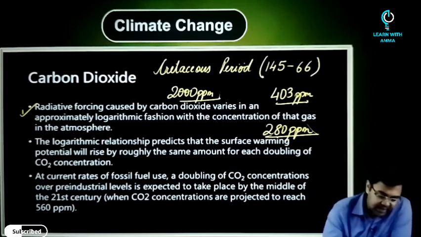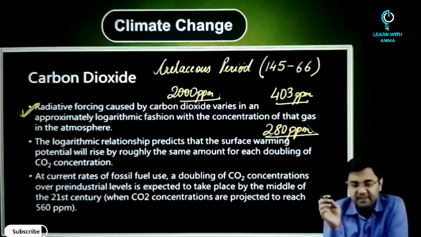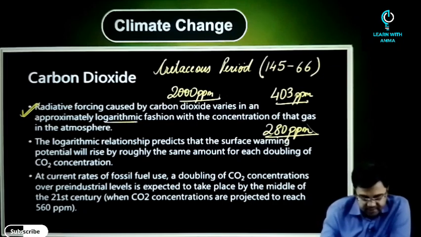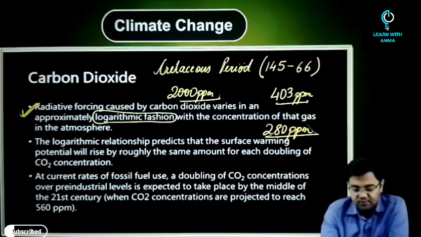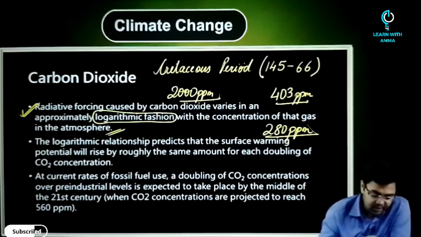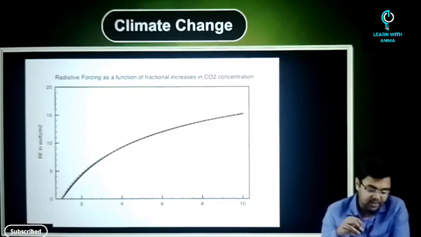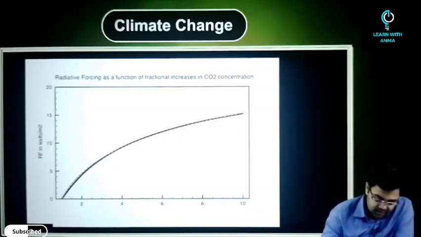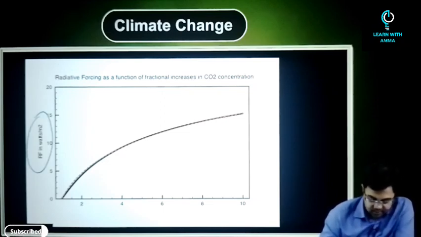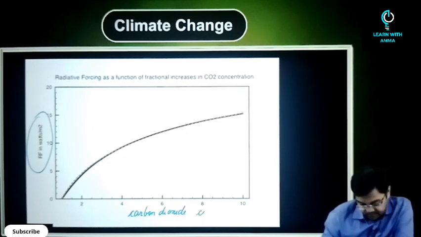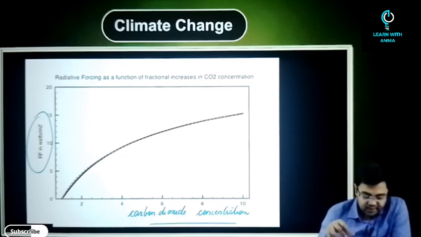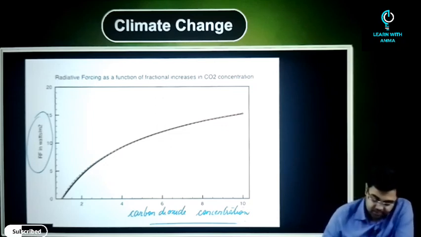The radiative forcing caused by carbon dioxide varies in an approximately logarithmic fashion with the concentration of the gas in the atmosphere. What do we mean by logarithmic fashion? If you look at this particular diagram, this is the log scale. This is the radiative forcing, and this is the carbon dioxide concentration. Here, 4 means 400 parts per million.